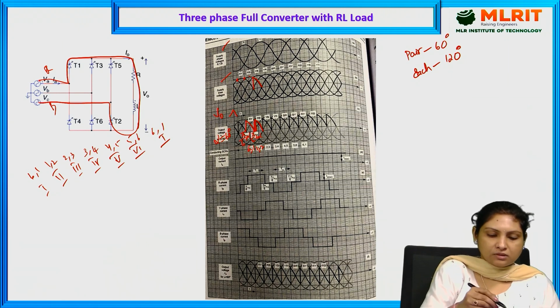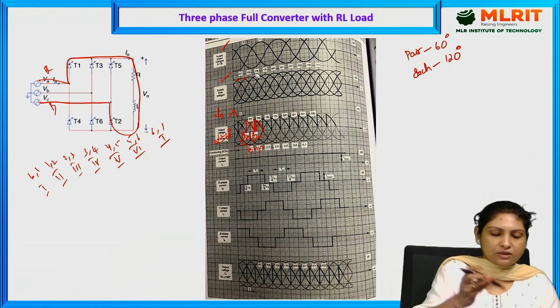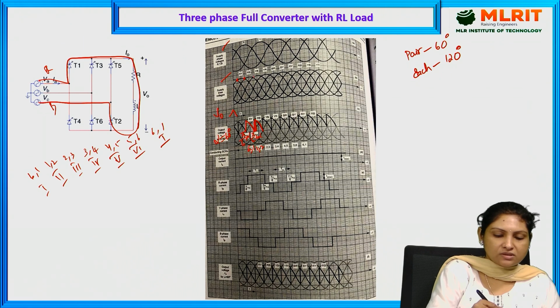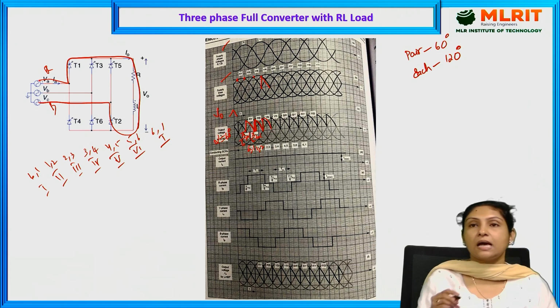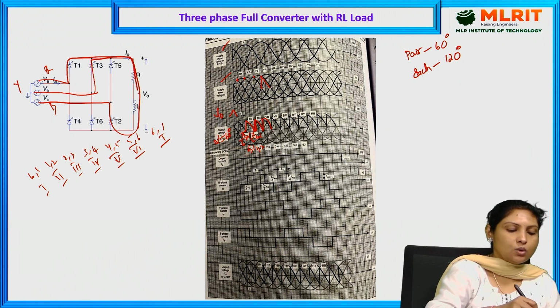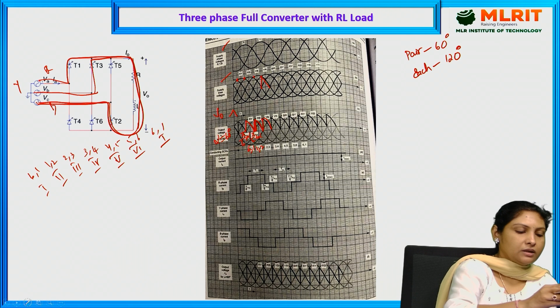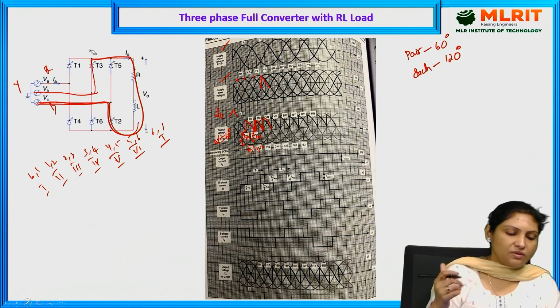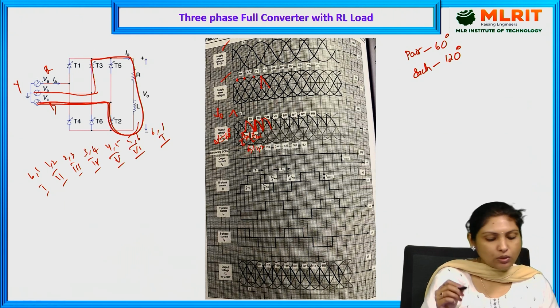Now the Y phase appears. This is the Y phase zero crossing and this is 60 degrees. So the YB phase is conducting, and when the YB phase is applied, Y is applied across T3, the load, and back to the supply. That means because of the YB phase, thyristors 2 and 3 are conducting.